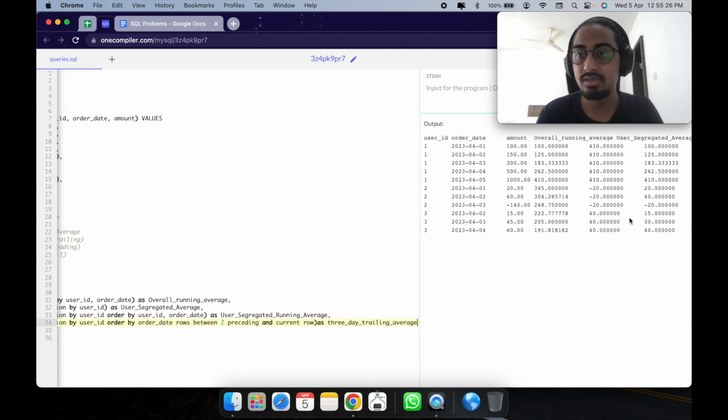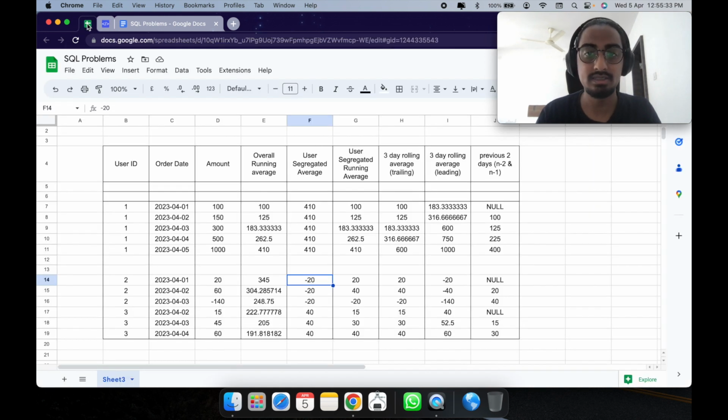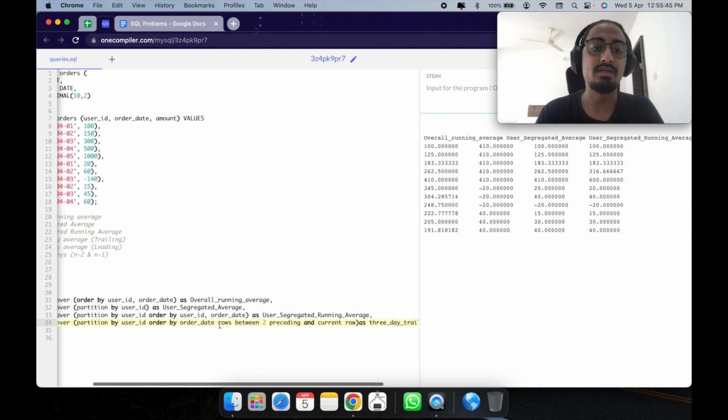So this should work. We have it here. It's 100, 125, 183, 316, 600, then 20, 40, minus 20. Yes, this works. So what happens here is, after partitioning and ordering by the order date, it's going to take the two preceding rows, that is the two rows before the given row, and it includes the current row also.